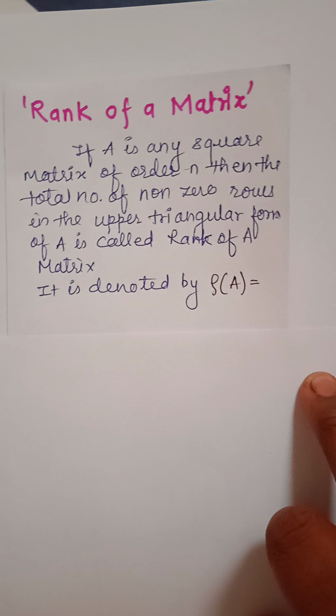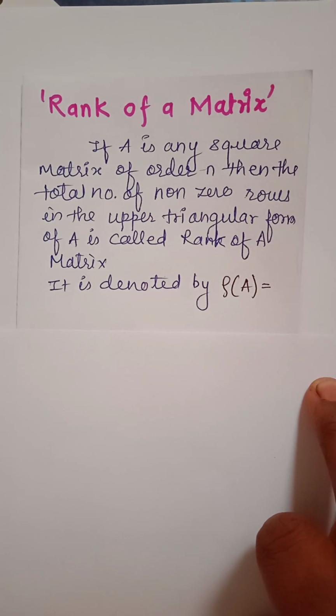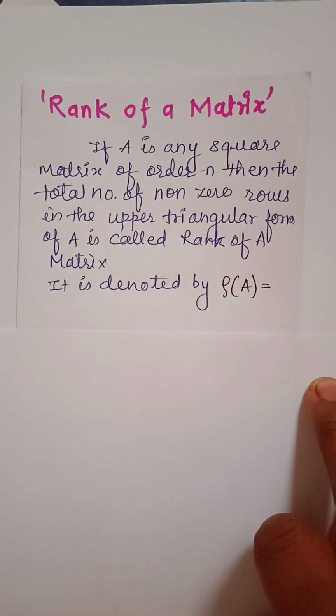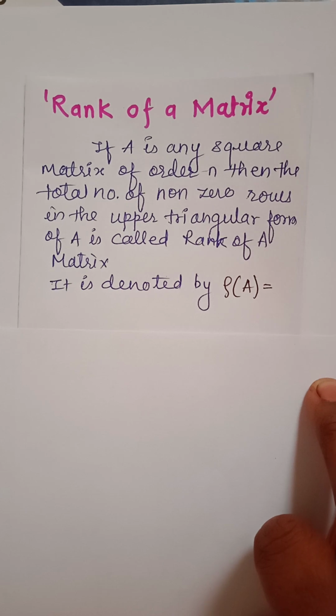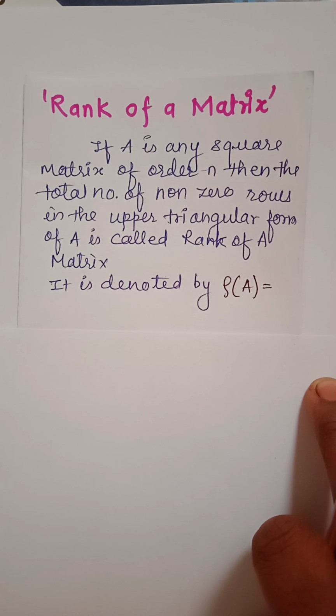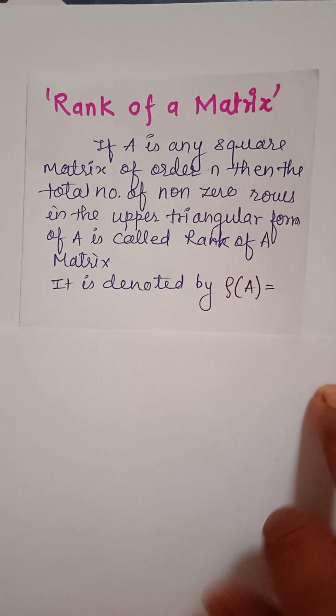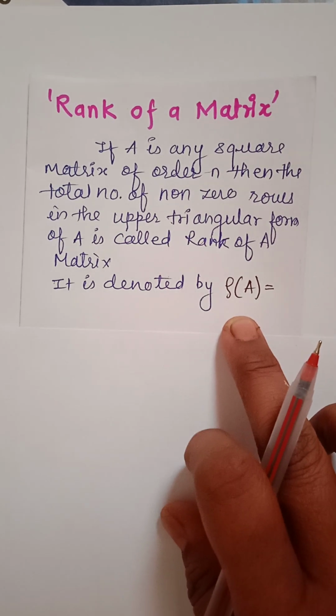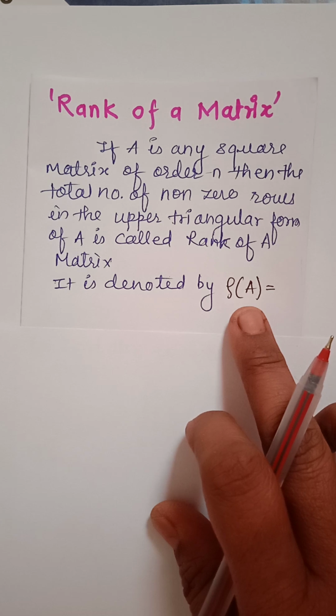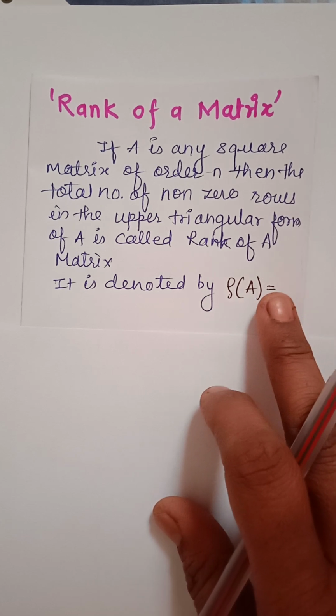Now let us see what is the rank of a matrix, and if any matrix is given to you, how will you find the rank of that matrix? Okay, so here if A is any square matrix of order n, then the total number of non-zero rows in the upper triangular form of A. Okay, you have to count the non-zero rows in the upper triangular matrix, and that will be the rank of that matrix, and it is denoted by rho of A. Okay, you have to write the number of non-zero rows here.